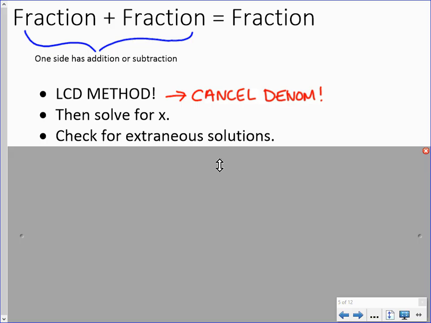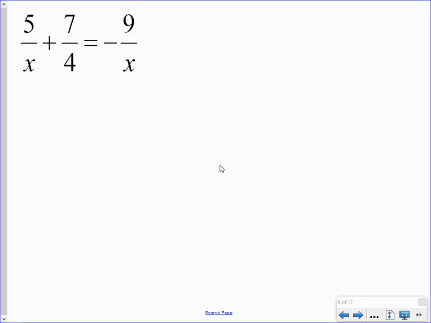Here's an example with x's in the denominator. This is more tuned to what you're going to see in your textbook. 5 over x plus 7 over 4 equals negative 9 over x. When I write this down on my paper, if I'm doing my homework, I leave myself a little bit of space.